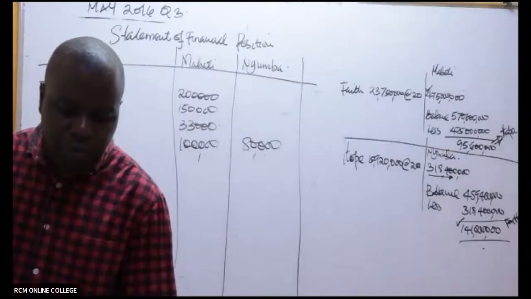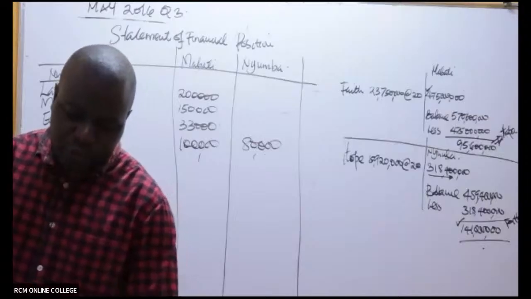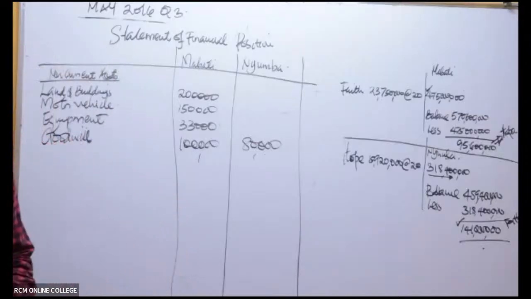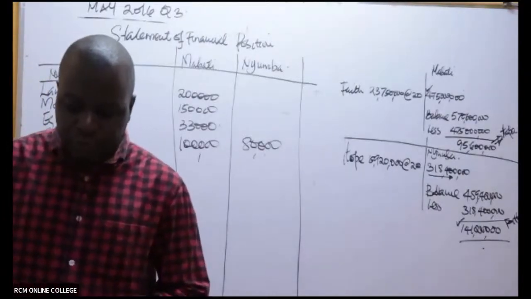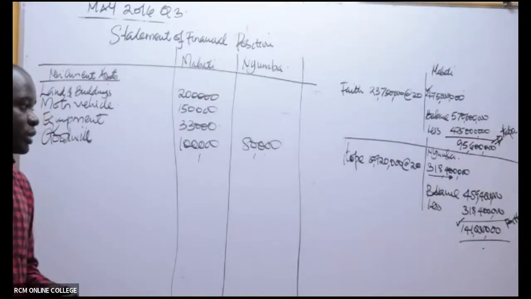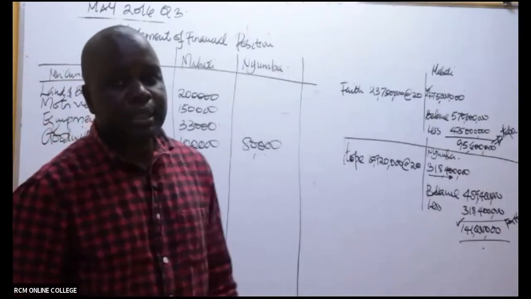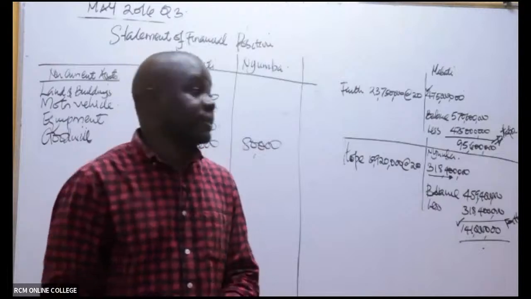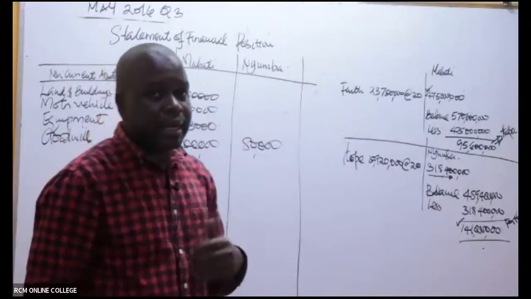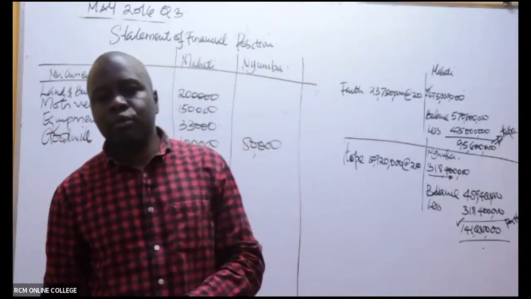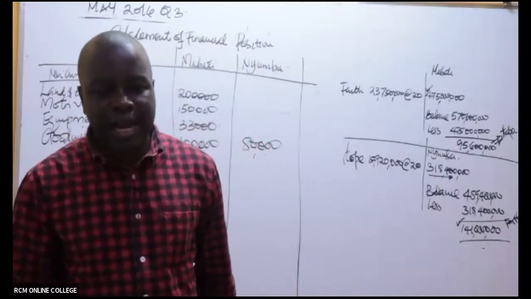Then if you can recall, or go back to your notes, any expenses incurred prior to the acquisition, or basically to the formation of the acquired company, are known as preliminary expenses. And of course, these expenses are supposed to be capitalized. So any expenses incurred, for example, in the formation of the new companies, Mabati and Nyumba, those expenses, we said, you are supposed to capitalize them.